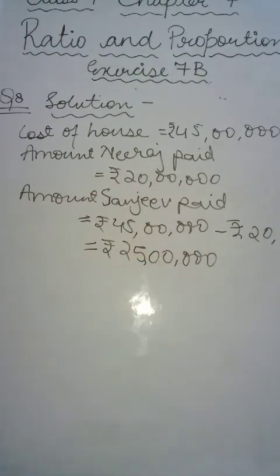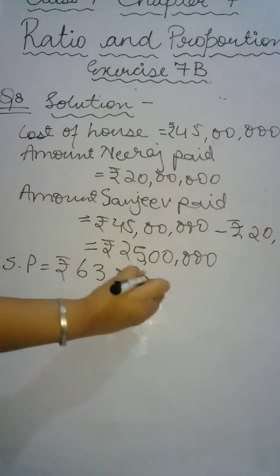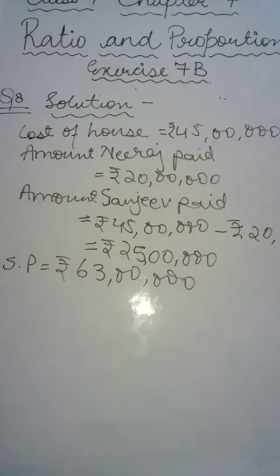Okay. Now after 3 years they sold their house for 63 lakhs. Selling price or SP, rupees 63 lakhs. Now what portion or what amount should Neeraj receive? First you have to find out the ratio of Neeraj and Sanjeev.